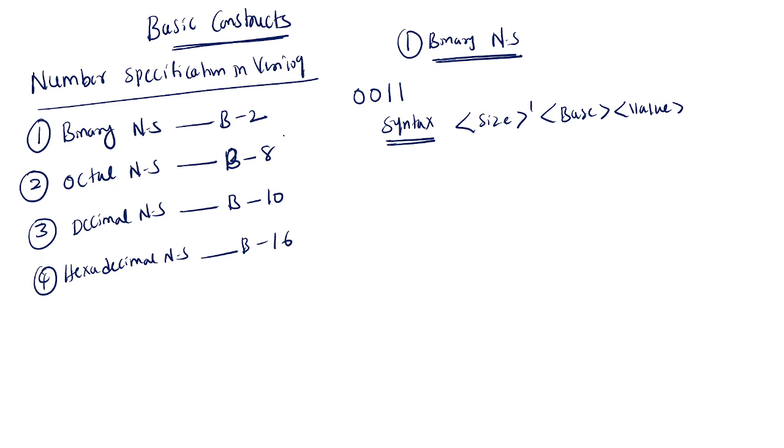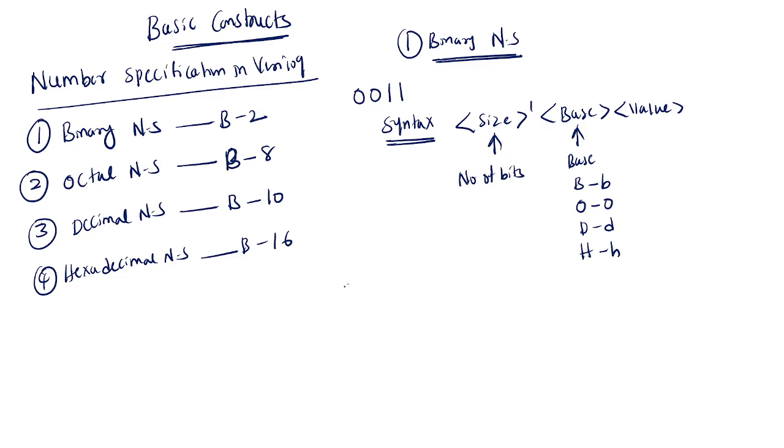Size is the number of bits. Base is the base of the number. If it is binary, you represent small b, octal is small o, decimal is d, and hexadecimal is h.